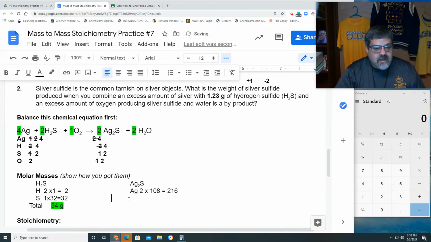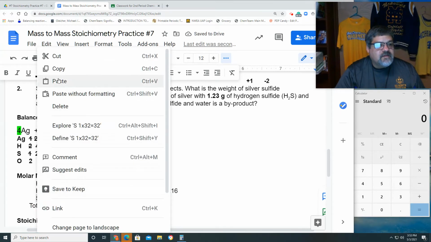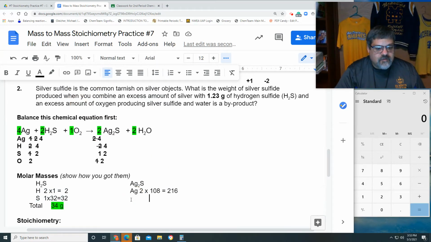Okay, and the next one that we have is going to be our sulfur. So we actually can just go ahead and copy this. We're going to bring it over here and paste it. Okay. So we add these together, and when we add those together, the total is going to be 8 here.